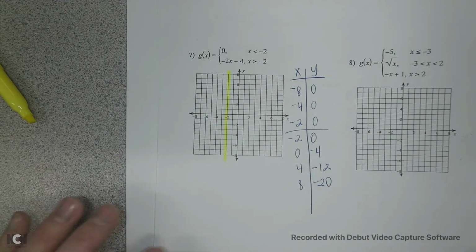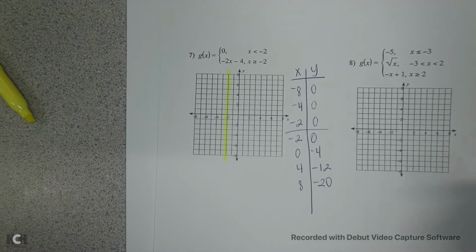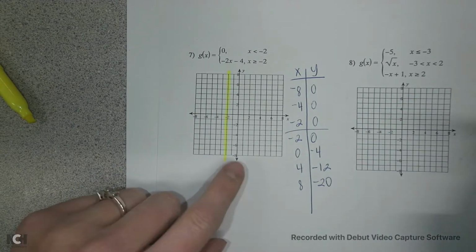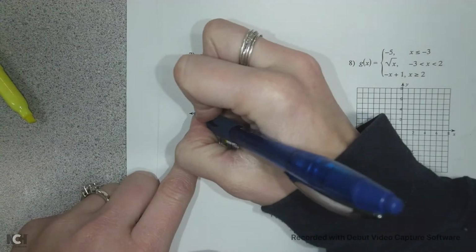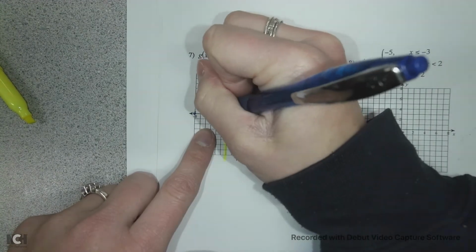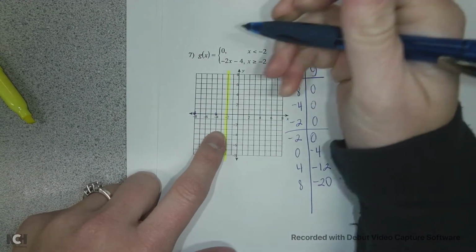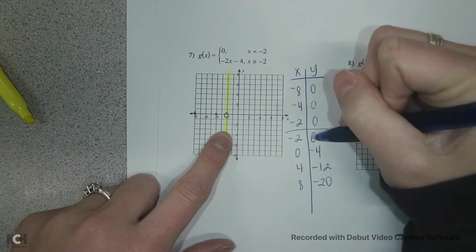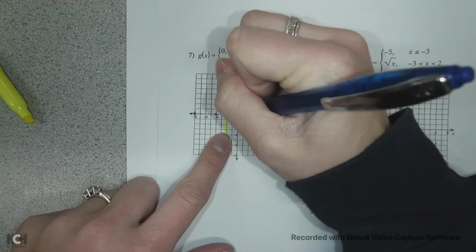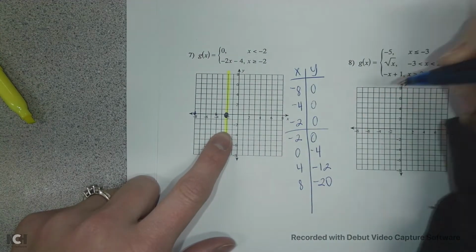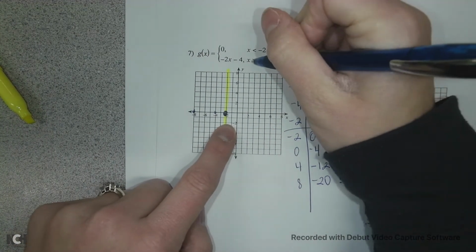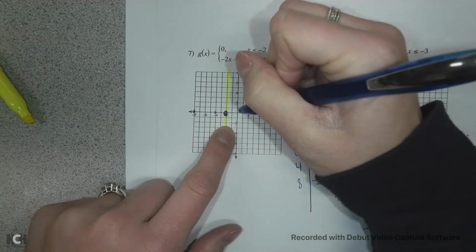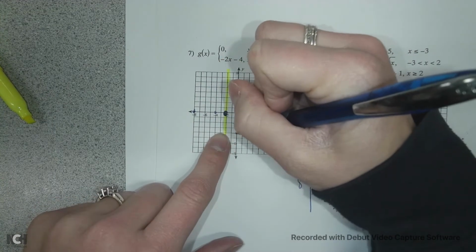So some of these don't fit on the graph, but you know, it's fine. We might have to pick some smaller numbers if we can't get a good idea. So -8 is 0, -4 is 0, and then I want an open dot at -2, 0. However, this dot is going to be closed now because of the next half, because this guy is closed. And then we have 0, -4.